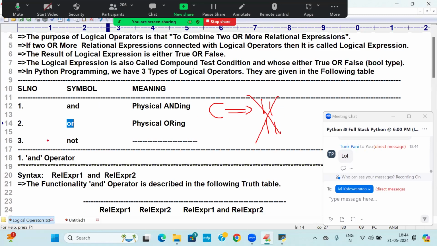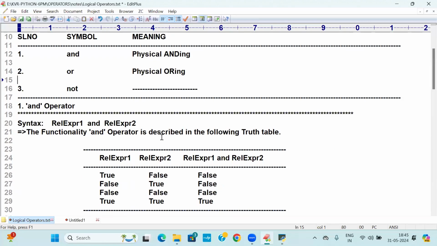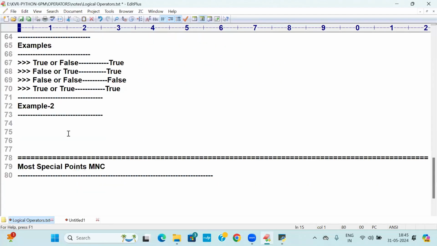They gave the word or symbol, both of them are same. Under symbol I wrote OR only. Under meaning I wrote what? Logical OR. It is already there. So are you following that? Now I am coming to example 2.